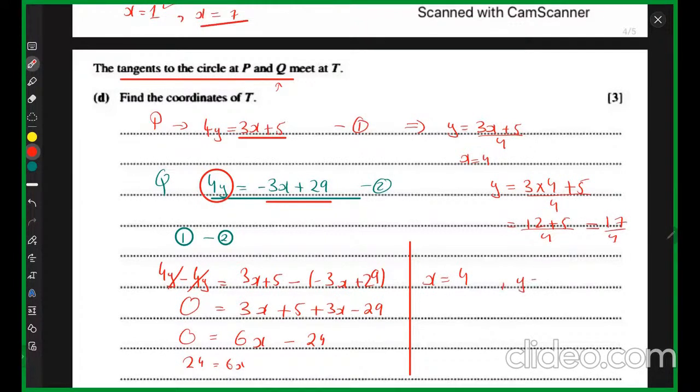So it is y equals 17 by 4, and this is going to be the answer. You were asked to find out the coordinates of T, and the coordinates of T are going to be 4 and 17 by 4. Okay?